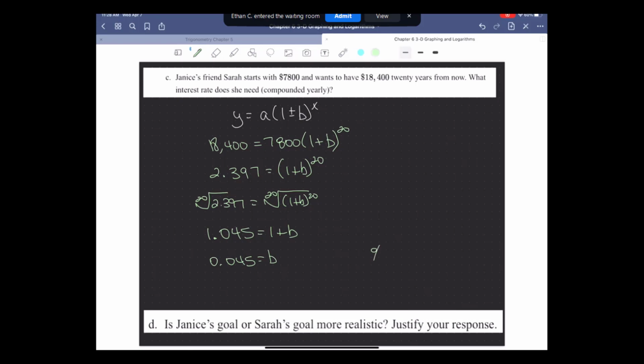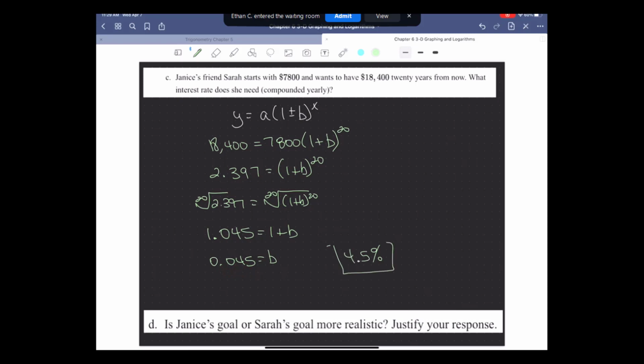So what would that be as a percentage? You've got two options. You either multiply it by 100, because percentages go by 100, or you just move the decimal over twice. If I move the decimal over twice, I get 4.5%.